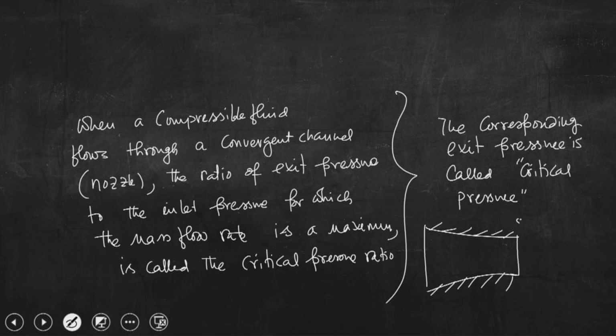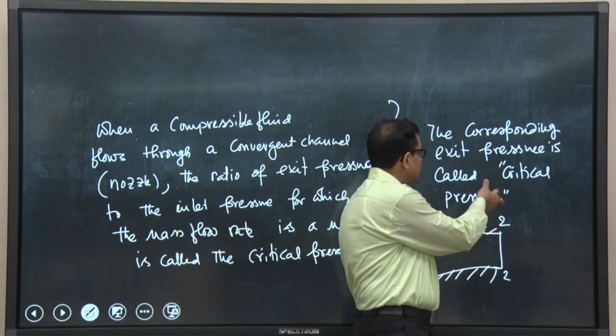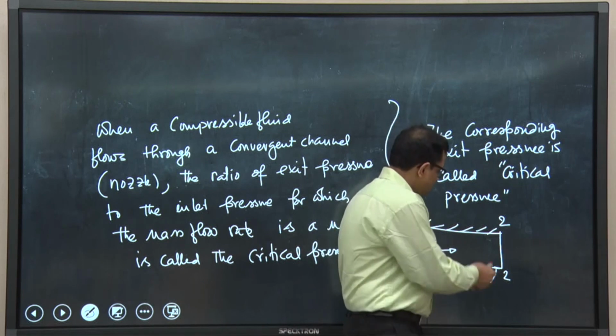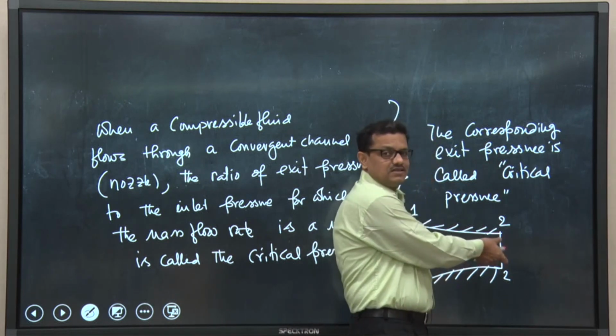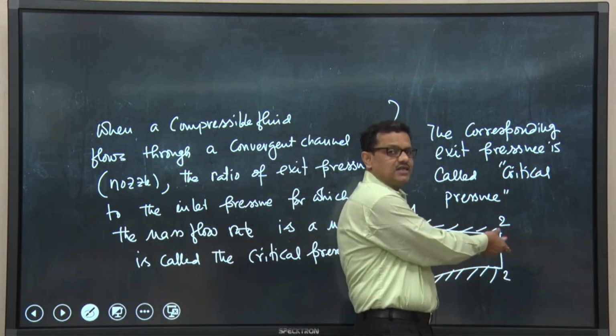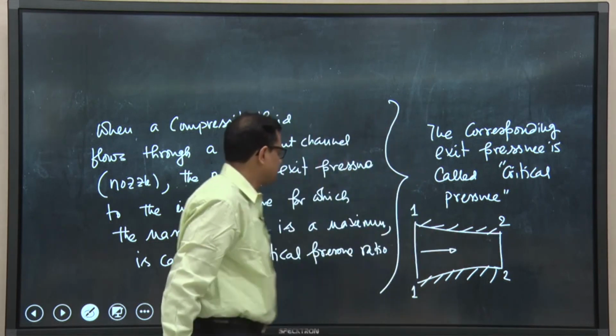If this is the outlet section 2-2 and this is the inlet section 1-1, and this is the direction of flow, the pressure ratio P2 by P1 for which the mass flow rate per unit area through the channel is maximum, and the corresponding pressure at the exit, that is P2, is the critical pressure.